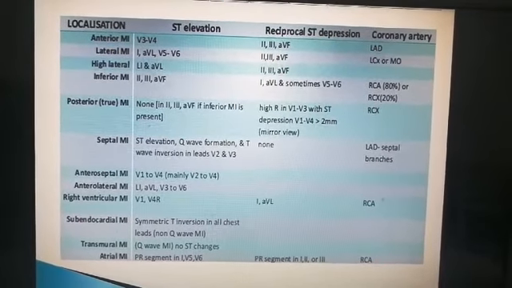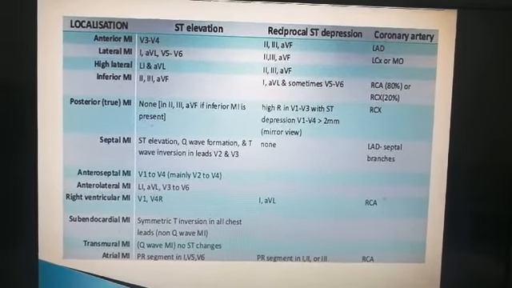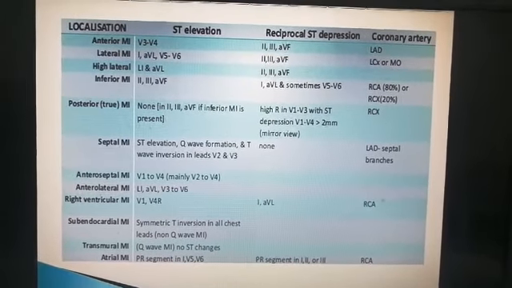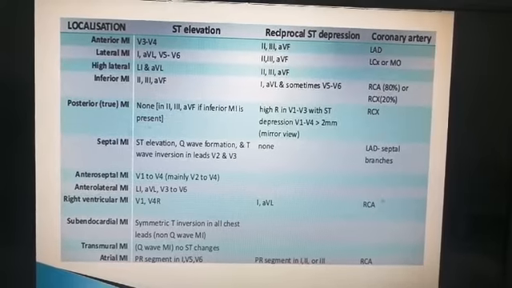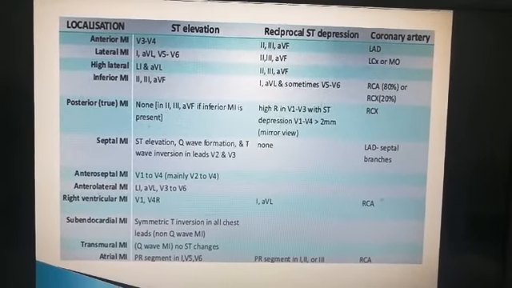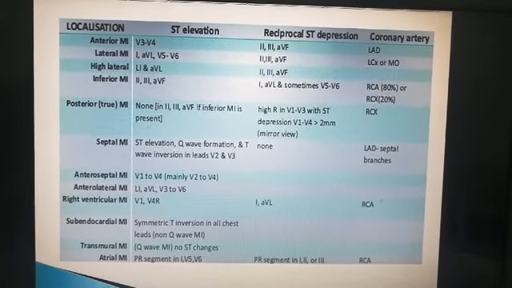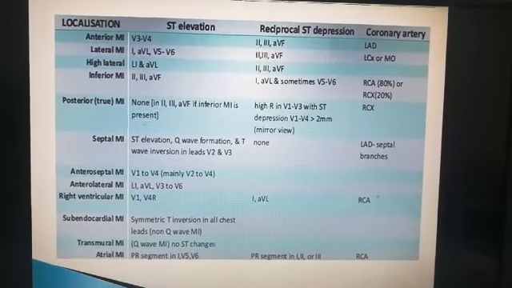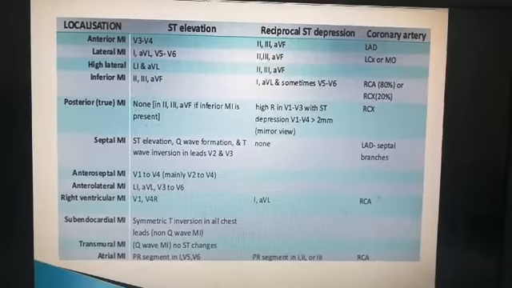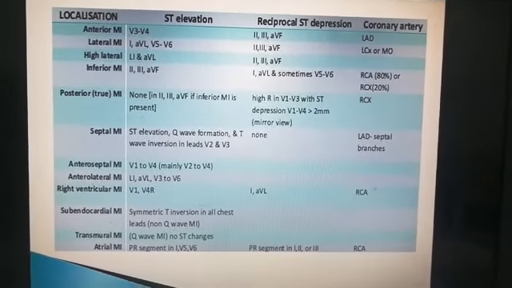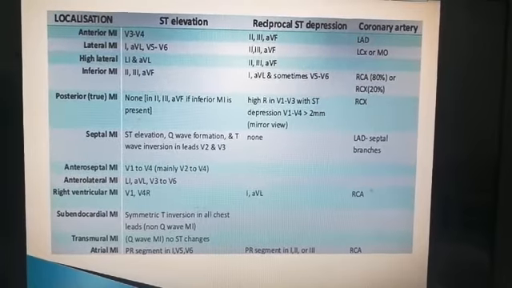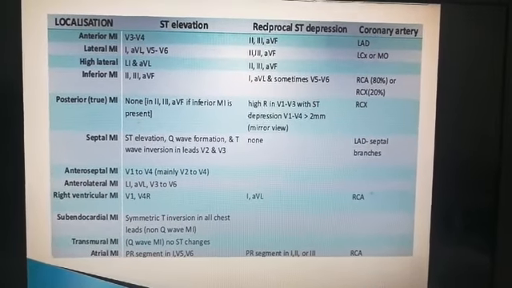And then subendocardial MI: symmetric T inversion in all chest leads, no Q wave. And transmural Q wave MI, no ST changes. And then there is also atrial MI, PR segment changes in 1, V5 and V6, and the right coronary artery is involved here.